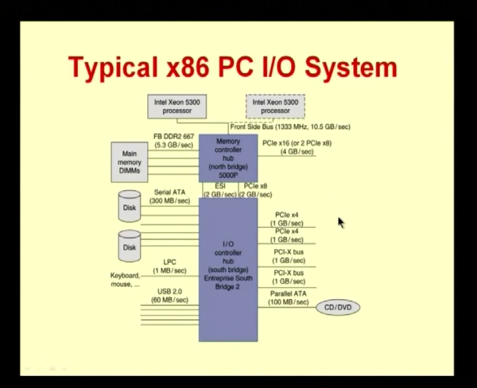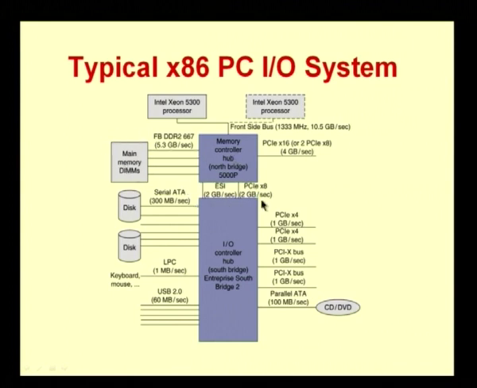Now, this is what a typical x86 based PC system would look like with respect to the IO system. You have the processor here, and a memory controller hub, normally called the north bridge, to which the memory will be connected.